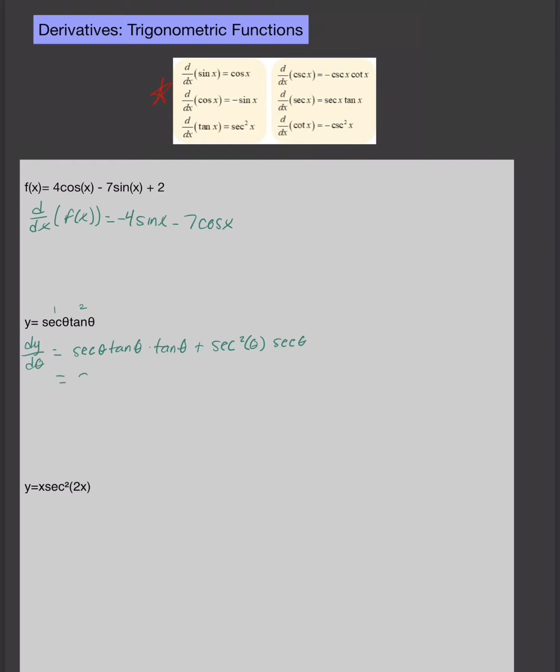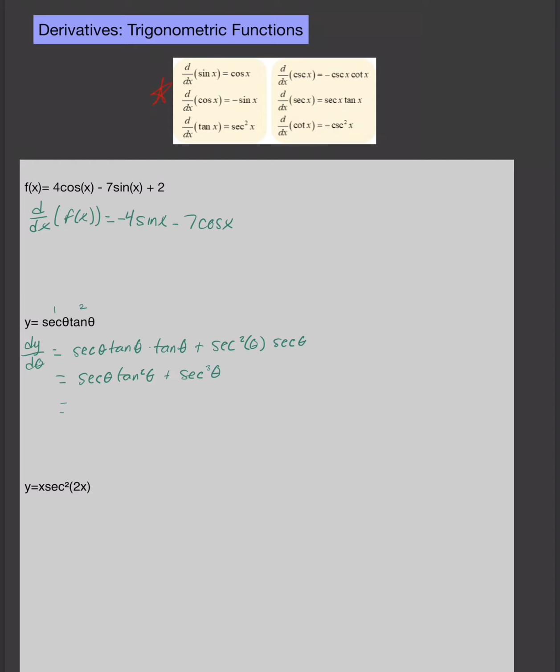Now we can multiply these through, and we'll get secant theta tangent squared theta plus secant cubed theta. Now, for simplifying, we can turn them into sines and cosines.